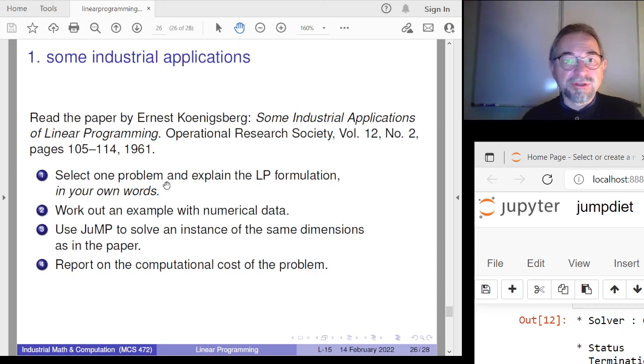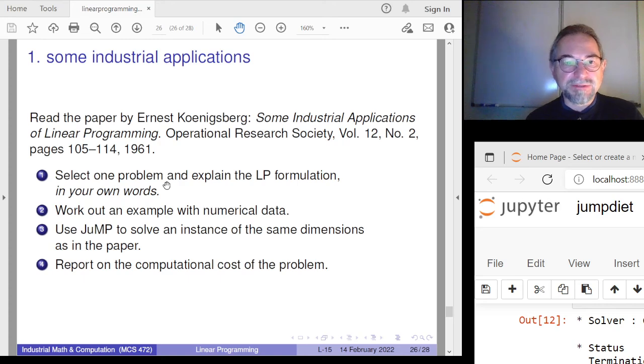It starts with a literature study, and I was using the search function in our UIC library. This historical paper is quite interesting because it lists three industrial applications. This paper is available also to you.